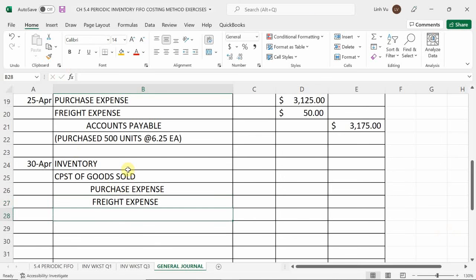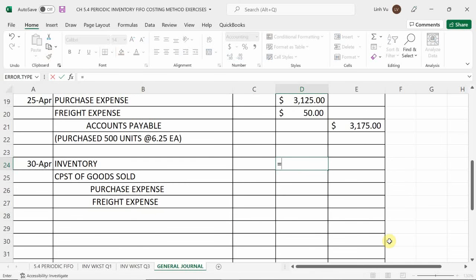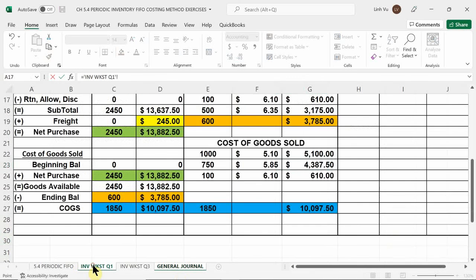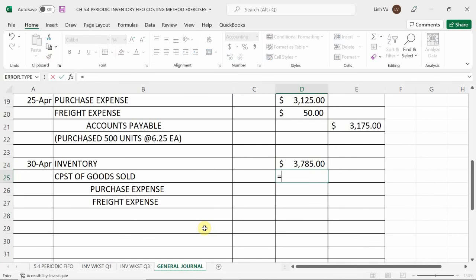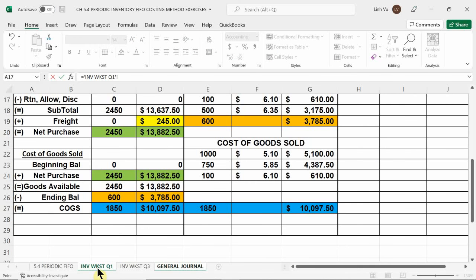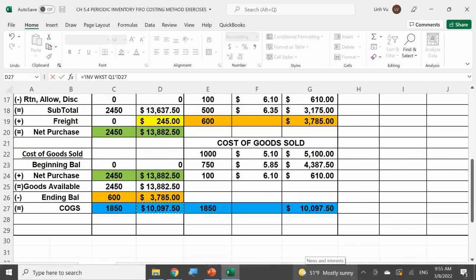Okay? So how much is my ending balance in my inventory? What's the total cost of my ending balance in my inventory? 3,785. Good. Okay. How much was my total cost of goods sold? 10,097.50.